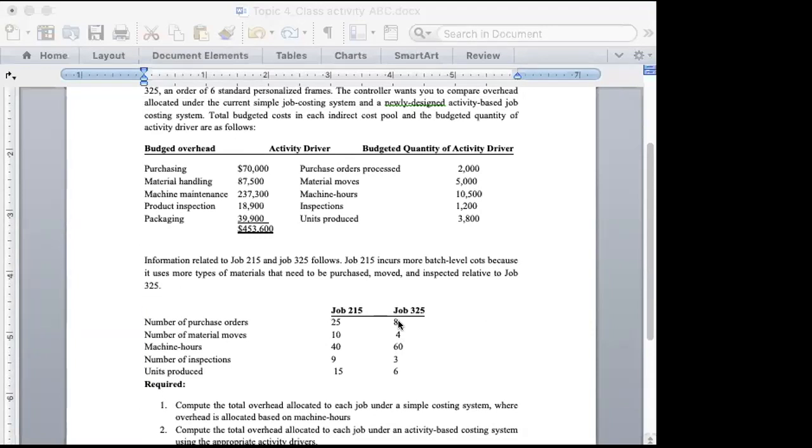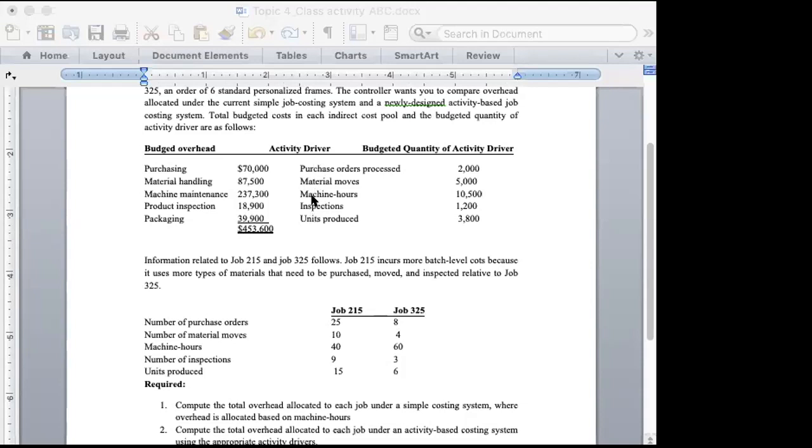If you apply the traditional costing method, step 1 is total overheads. Step 2 is find machine hour or labor hour, whichever is higher.